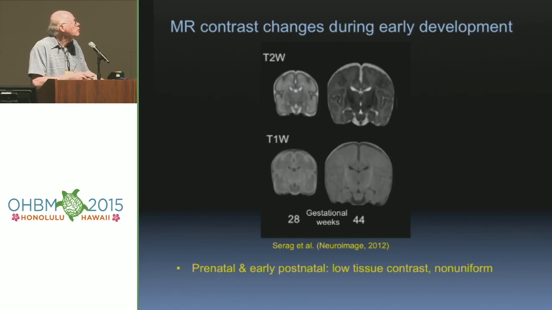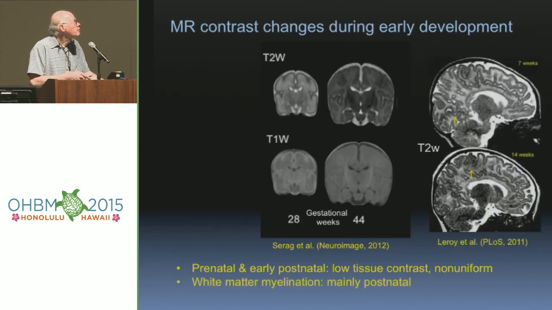In a T1-weighted image, there's very little contrast. It's a little bit better in the T2-weighted in late gestational periods, and after birth, the T1-weighted images are still low in contrast.